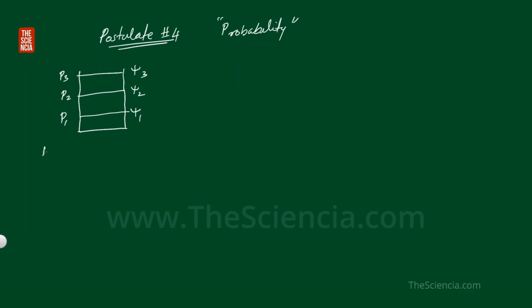That is, the basis is psi1, psi2, psi3. And the state of the system is a linear combination of psi1, psi2 and psi3, that is summation over i of Ci psi i. So we can expand, that is equal to A1 psi1 plus A2 psi2 plus A3 psi3.